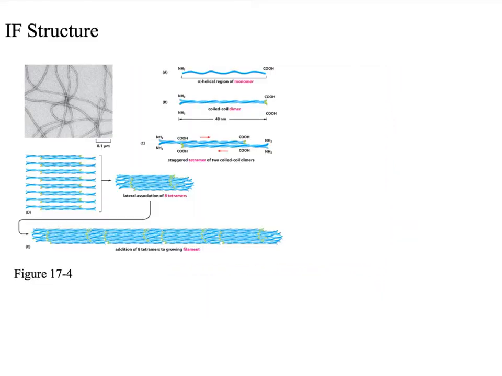So here we're going to talk about some of the details about intermediate filament structure. Remember that this is a rope-like structure, like a big cable. It's very strong, and there are many strands that are twisted together and provide this mechanical strength and tensile strength. The strands are made up of many intermediate filament proteins.